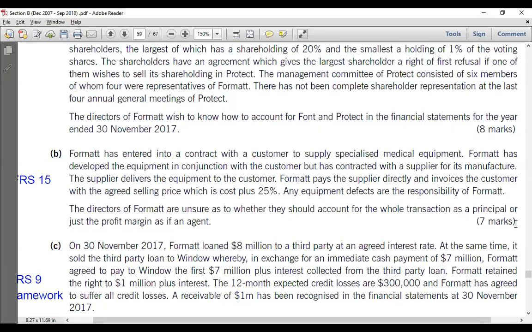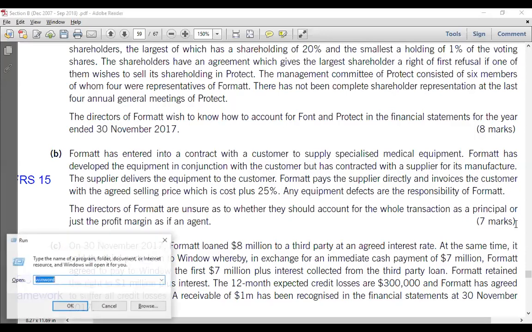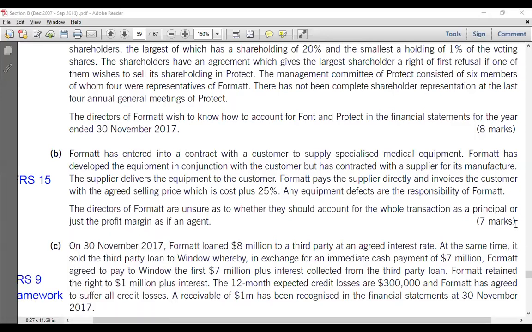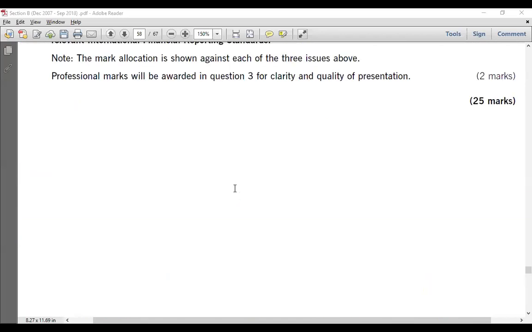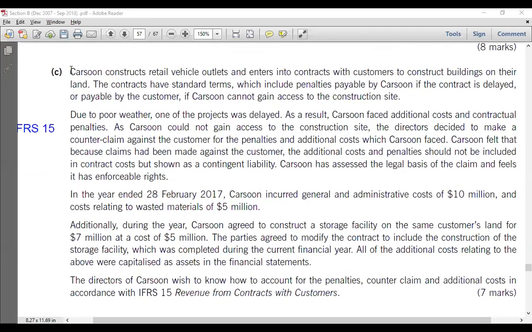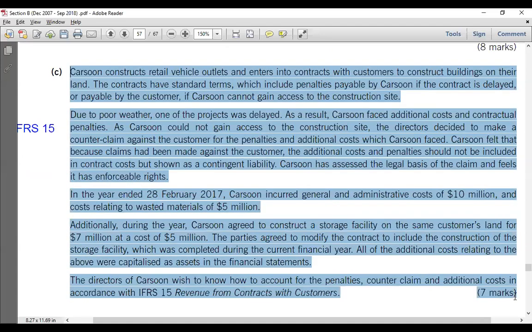Maha, I will let you people know the years of these. And if you want one more question for this, you can even solve this question of Carsoon. This is also one of the IFRS 15 questions.